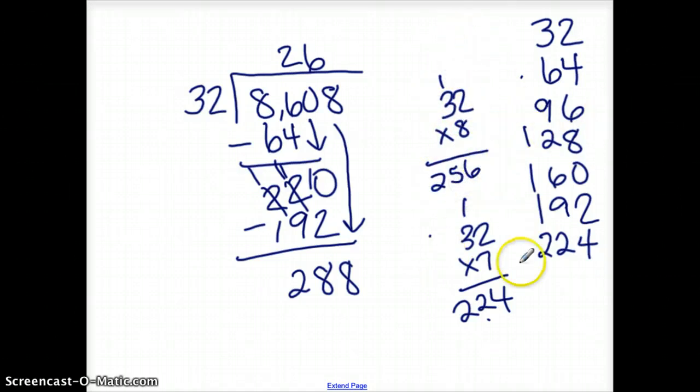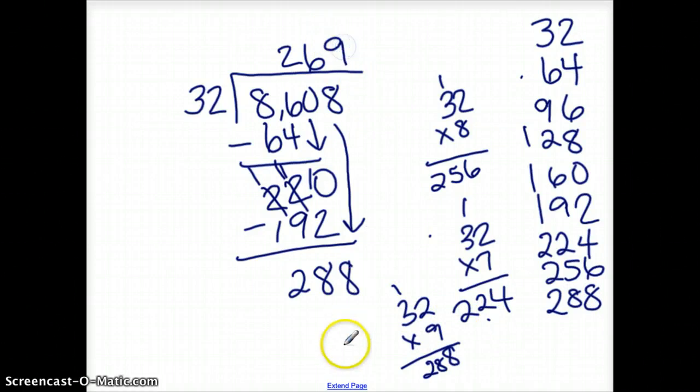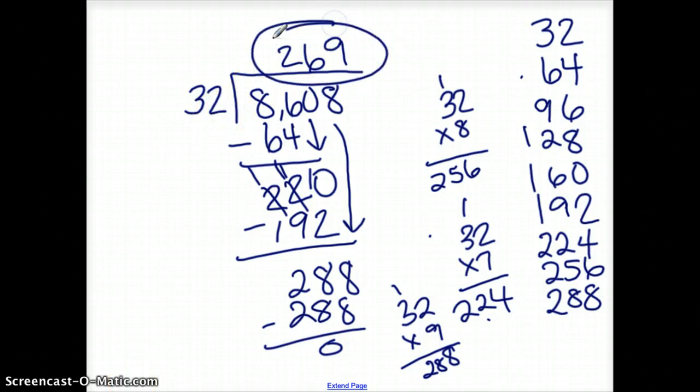I can multiply one more time. 32 times 9. 9 times 2 is 18, 27, 28. So that's 288. So 32 times 9 is 288. Subtract and I get 0. So my answer is 269.